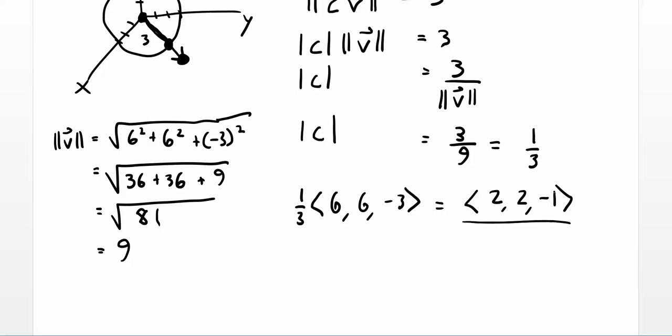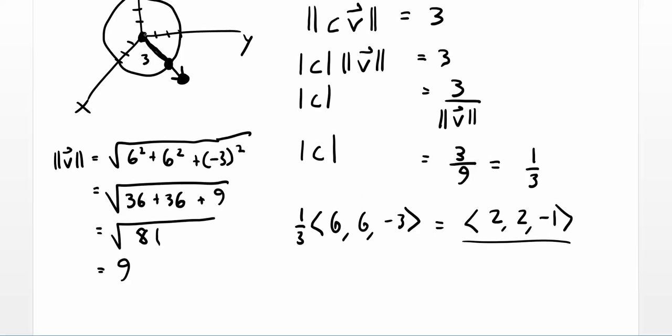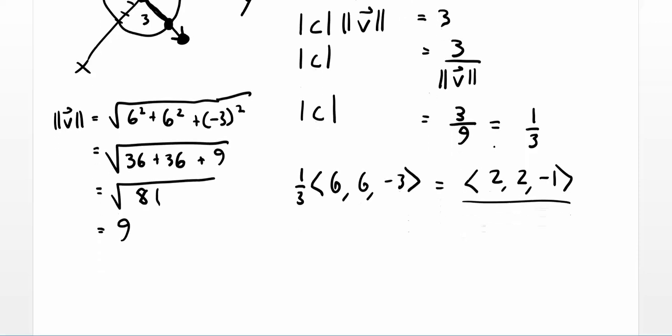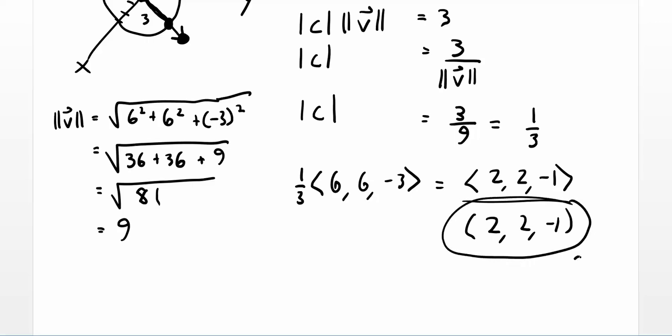Now this vector here represents the vector going from the origin to the point on the sphere. So this vector is actually just the point that we're looking for. This is the point that is closest to that point out in space.